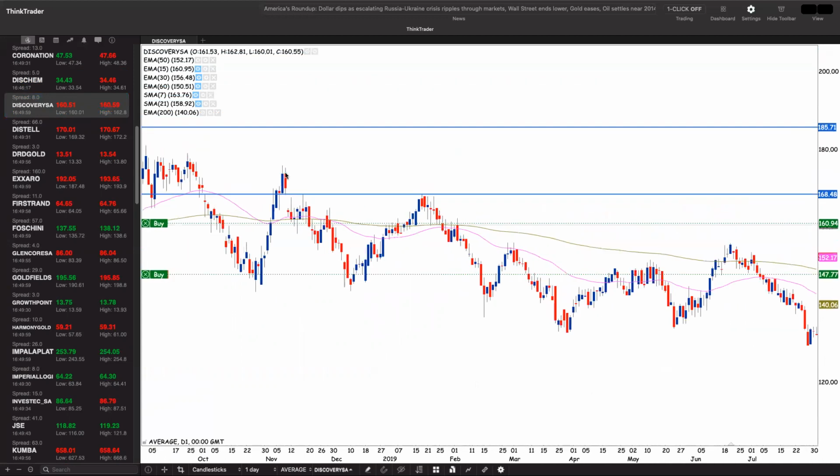Someone bought here on this breakout, right? And whoever bought there and hasn't sold yet, because they're a long-term investor, has been sitting with a loss.